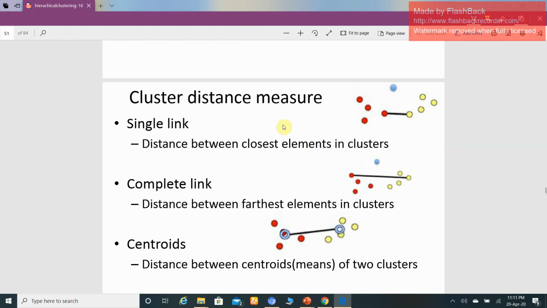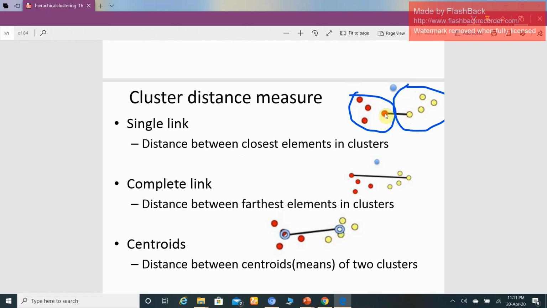Next, cluster distance measures. Mainly we have four types of cluster distance measures. Here we are mentioning only three. One is single link. Single link technique means, see, this is one cluster, this is another cluster. These two are the distance between closest elements in the clusters.